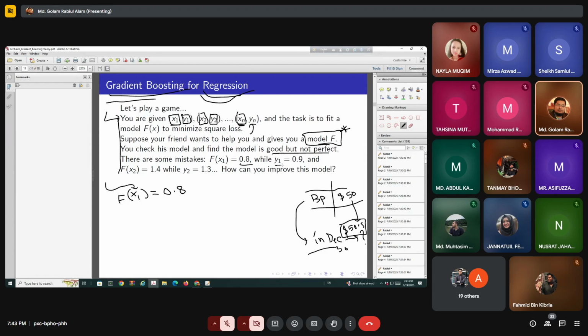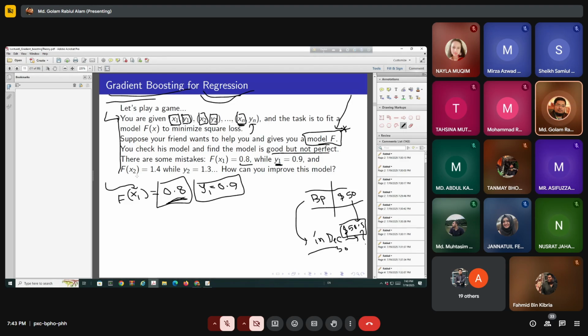But originally, y1 is 0.9. So this is the original value, and our predictive model just predicted 0.8. That means there are some errors.